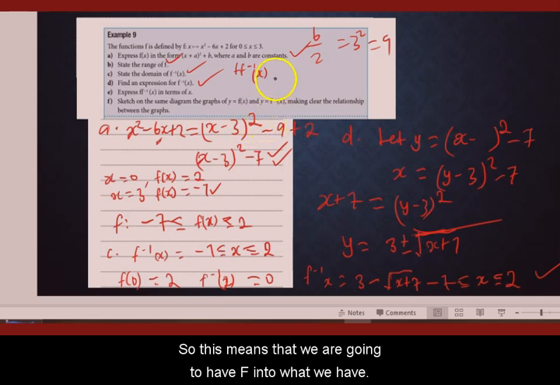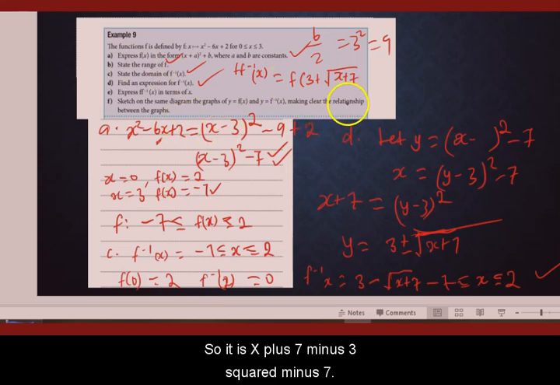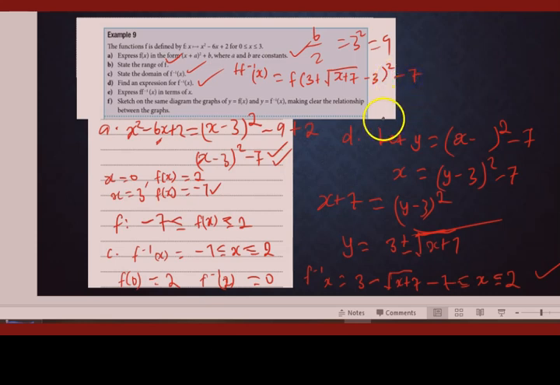This means that we are going to substitute into f what we have, which is 3 minus the root of x plus 7, such that we are going to have x plus 7 minus 3 squared minus 7.